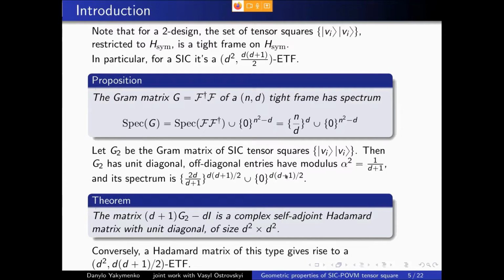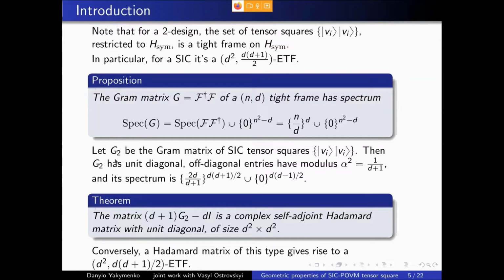Now what we do, we can take, let's call it G2, a Gram matrix of tensor squares of SIC tensor squares, right? So in other words, it's just the Hadamard product of two Gram matrices of a SIC, right?